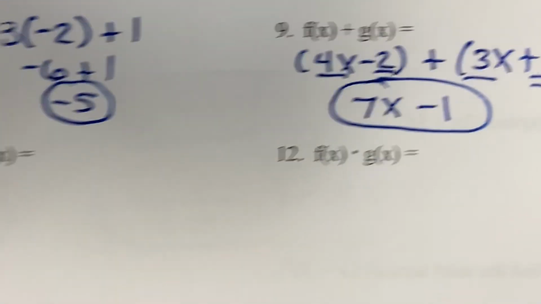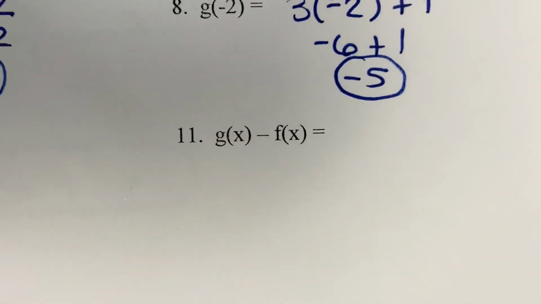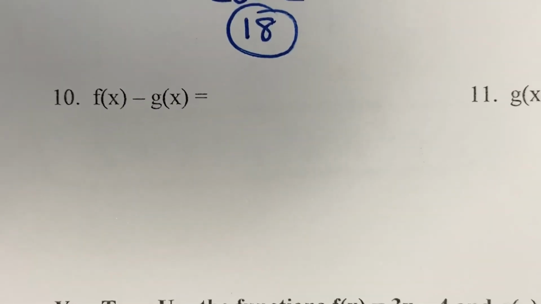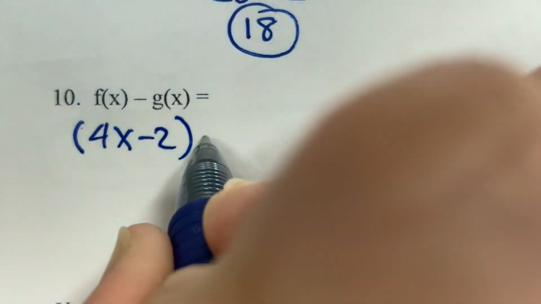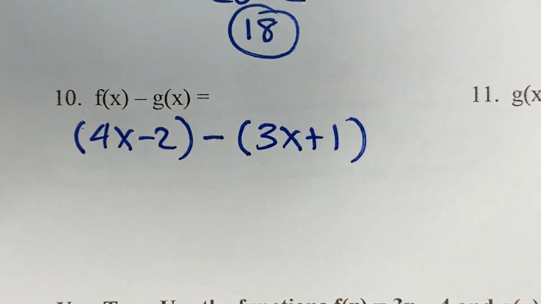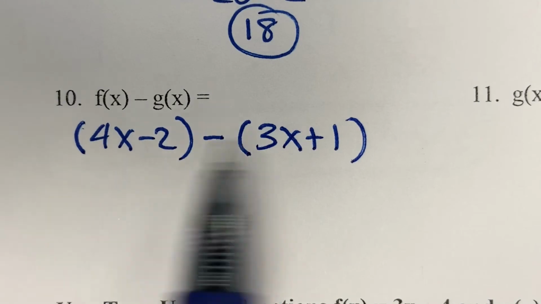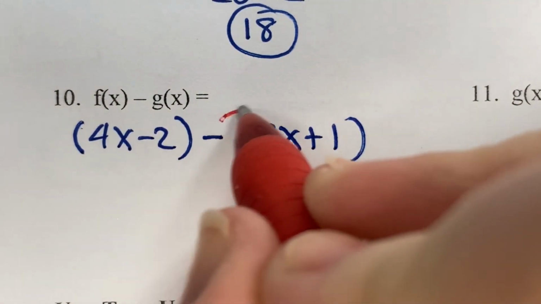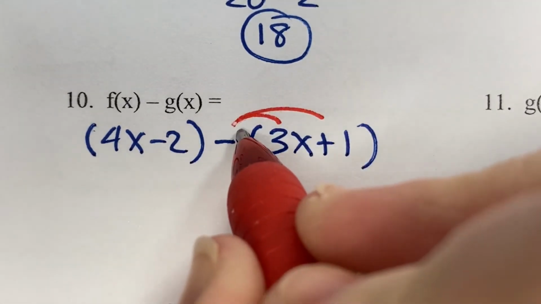Now, subtraction is a little bit different. So with this example, we have f of x minus g of x. Well, f of x is 4x minus 2 minus g of x is 3x plus 1. What makes this tricky is I always use parentheses because I need to remember that this minus has to get distributed, because remember, that's like a minus 1.